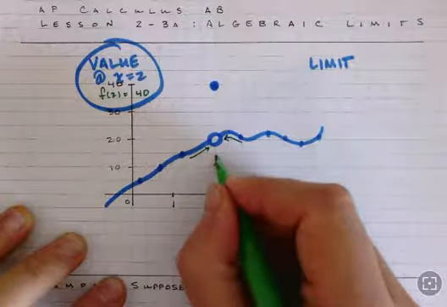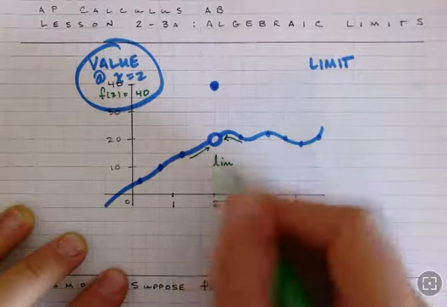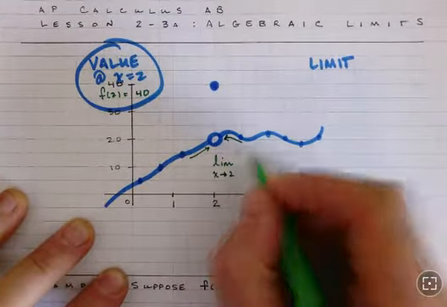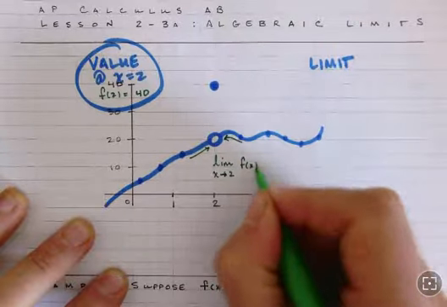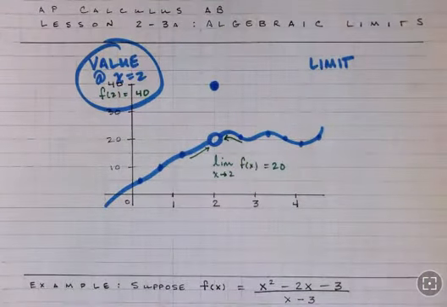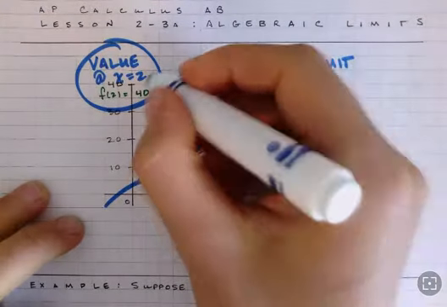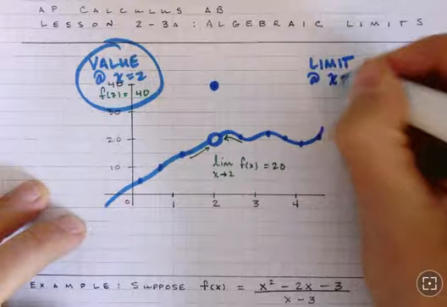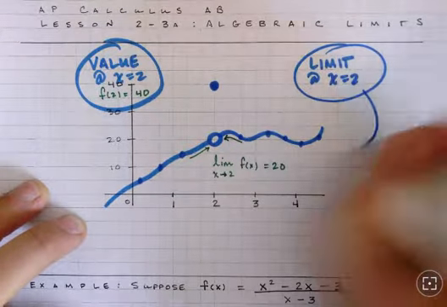So we say the limit as x approaches 2 of f of x is equal to 20. So we've got the value at x equals 2, and we've got the limit at x equals 2. And again, they are not the same.